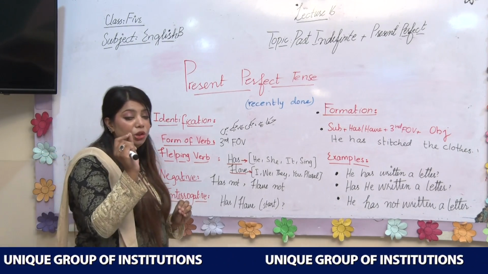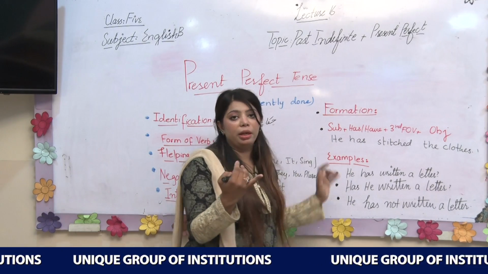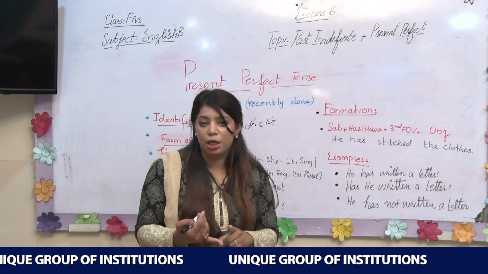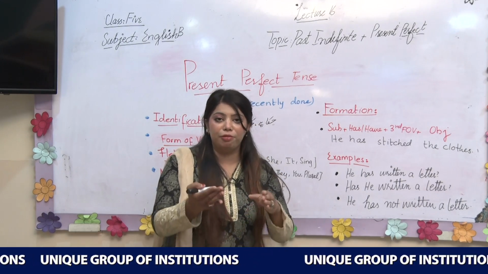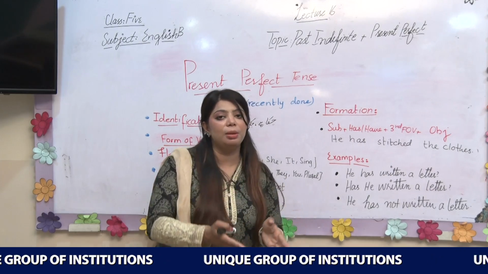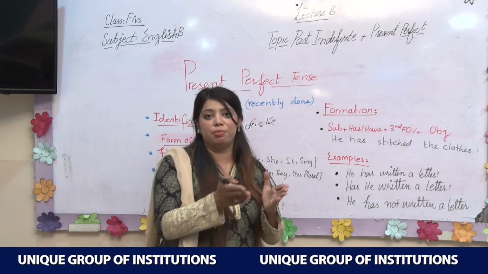The major thing you need to learn very carefully is the formula and the formation: subject, has or have, third form of the verb and object. In negative, we use not after has and have, and in interrogative, has and have come first.